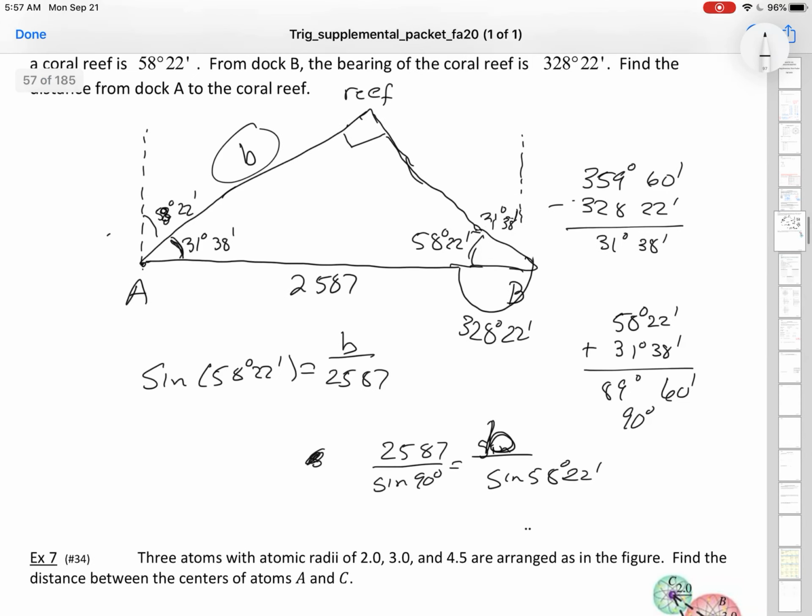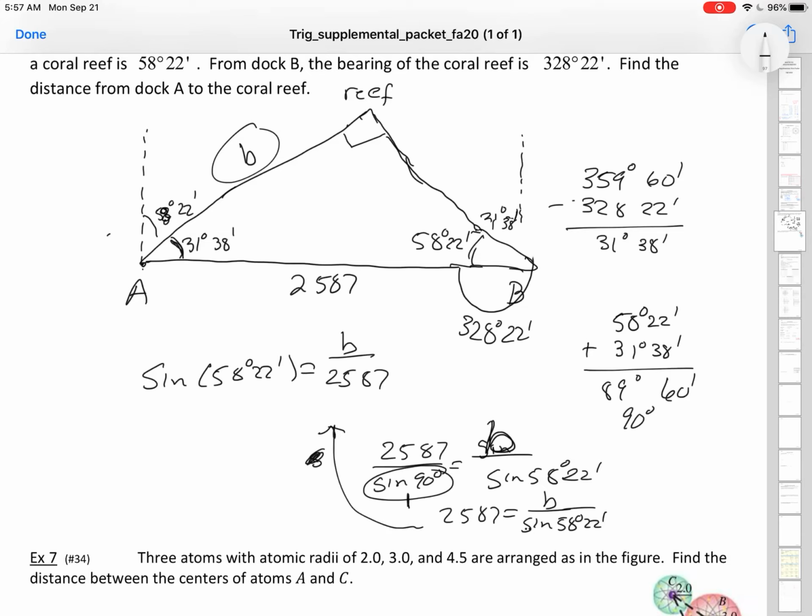Right? That would also be the same. Now, they are essentially the same. Remember what sine of 90 degrees is. It's 1. Right? So this would be 2587 is equal to b over sine of 58 degrees 22 minutes. That's the exact same thing as this.